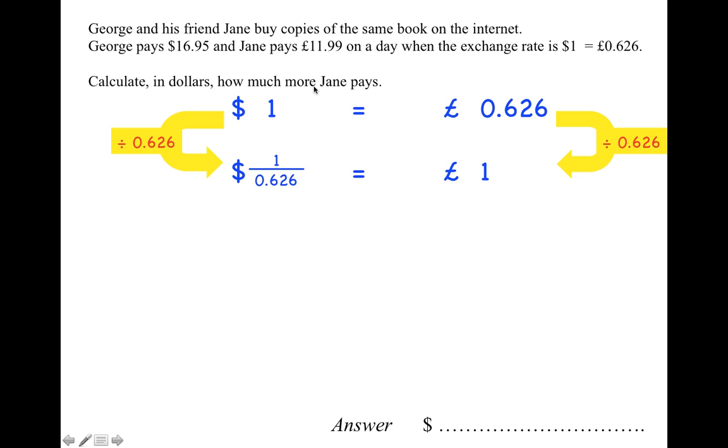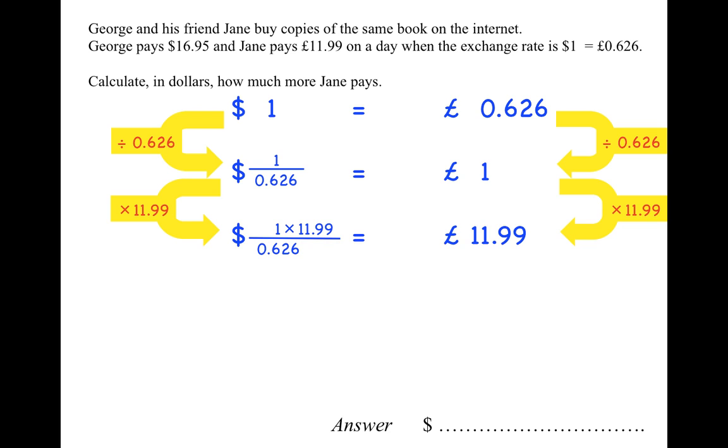but we'd actually like to know what £11.99 is worth. So we're going to multiply everything by 11.99, and we have to do that to the dollars as well because it's an equation and we have to do exactly the same thing to both sides in order to maintain the balance.